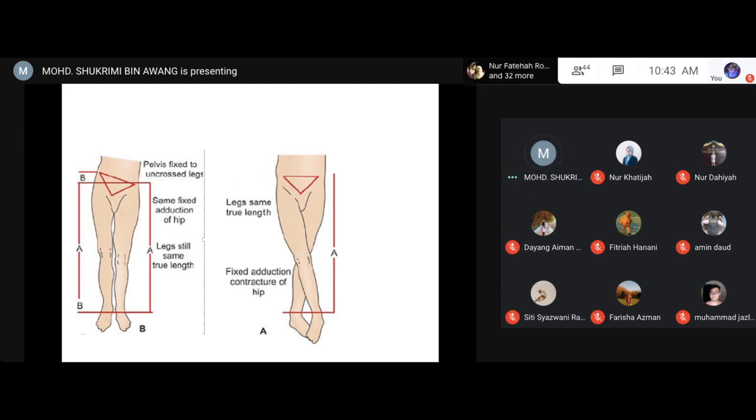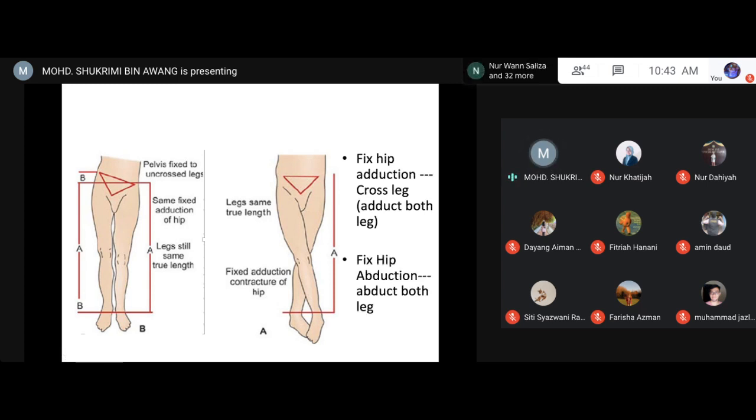So if the patient comes to you with fixed abduction, you need to do the opposite. Just now, in fixed adduction, you need to cross the leg. If fixed abduction, you need to further abduct the hip so that the pelvis later on will appear normal or normalize. In this case, if the patient has fixed adduction deformity, the affected leg appears shorter. If the patient has fixed abduction, the leg appears longer.